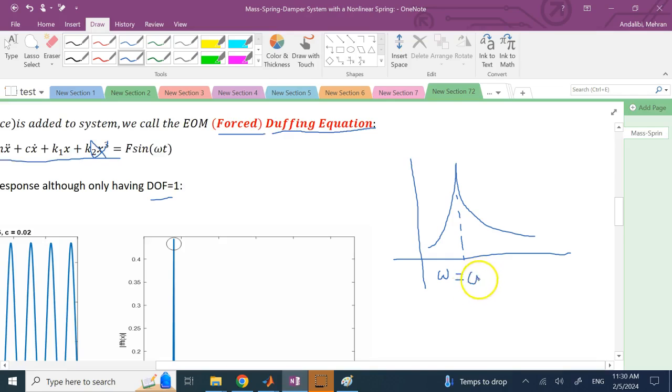which, if I'm not mistaken, would have been omega n times square root of 1 minus 2 zeta squared. And this is your peak M value. So you only have one peak when there is damping. If there is no damping, then it is going to go like that.